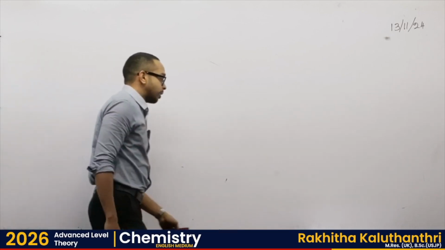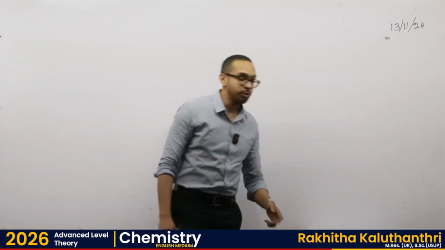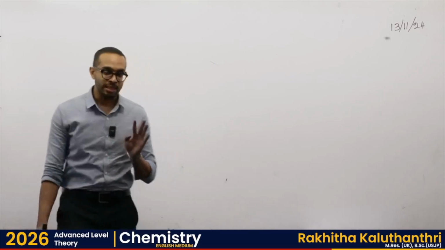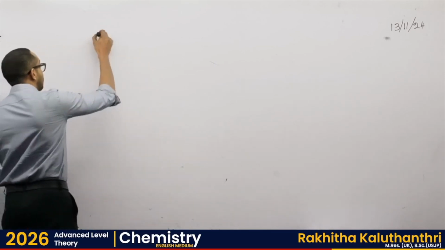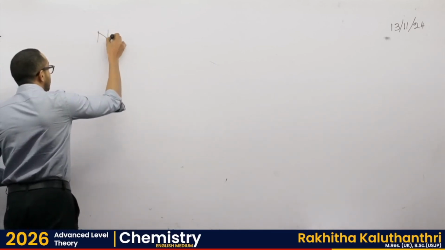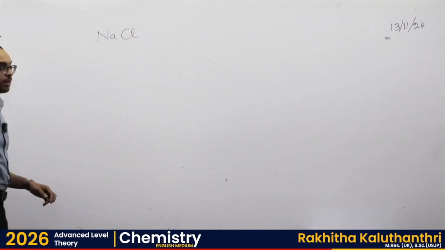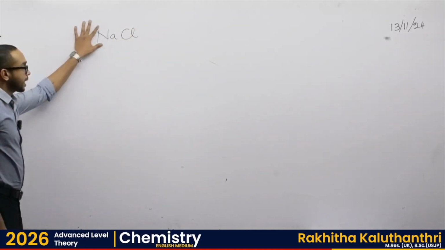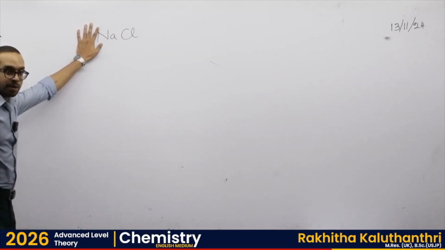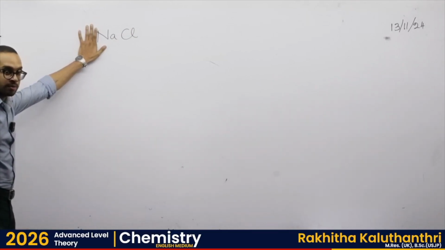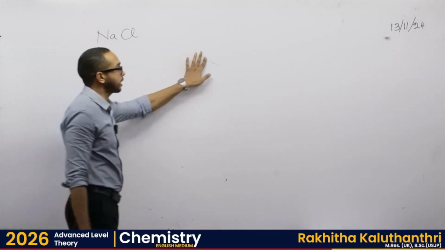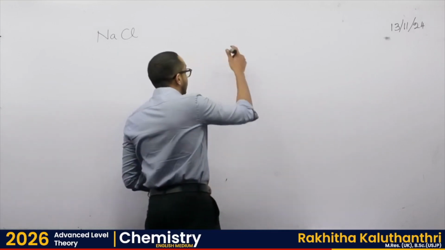Okay, so now when it comes to ionic compounds, it's such a simple thing, students. Whenever you are naming ionic compounds, like a simple ionic compound like sodium chloride, the cation means the positively charged ion. Now I'm assuming you already know what a cation and an anion is.